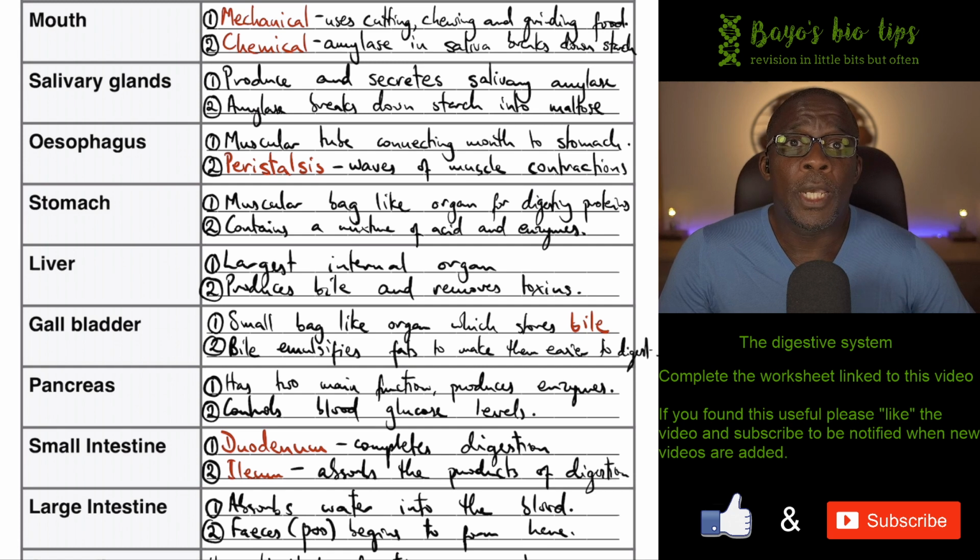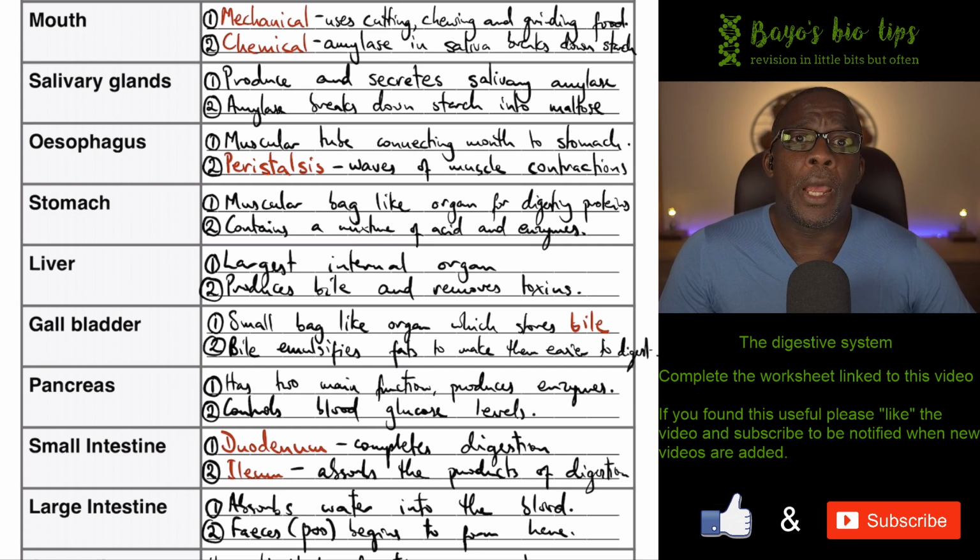And what those bacteria do is they produce certain enzymes on our behalf, and they get some of the nutrients that we don't need. So it's a mutually beneficial arrangement, what we sometimes describe as mutualism or symbiosis. So they get something, we get something. And so that's the large intestine.